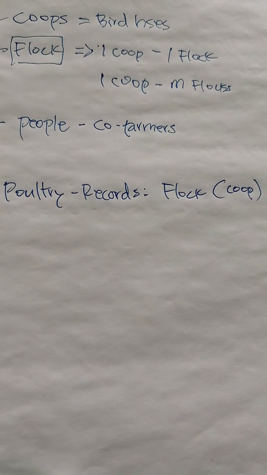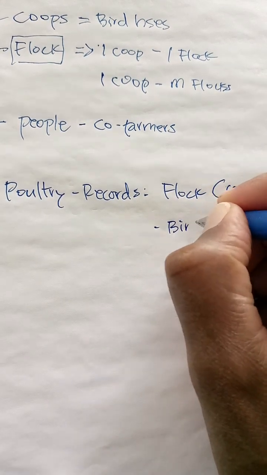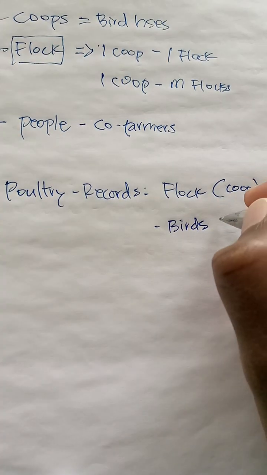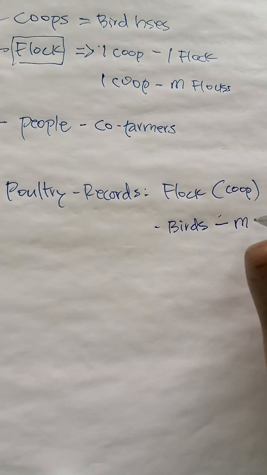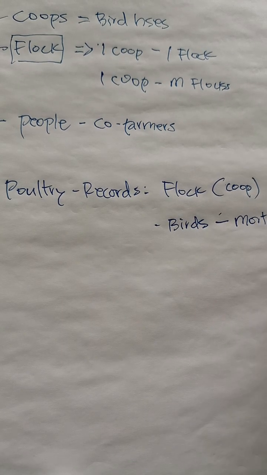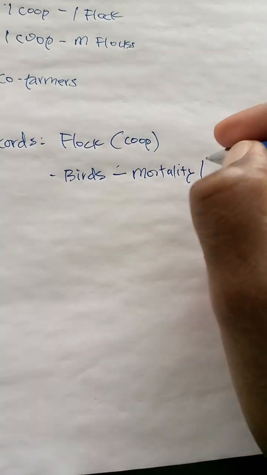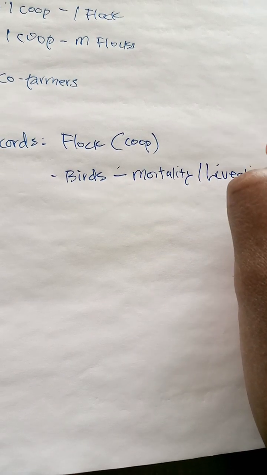we will have, let's say, birds. So that's something that you track, and when you track birds, you're basically tracking mortality or livability, right?